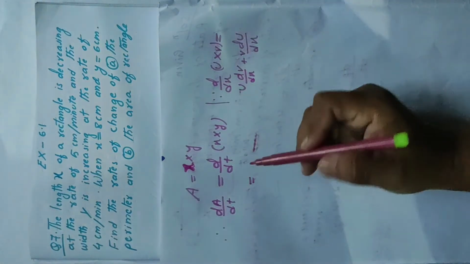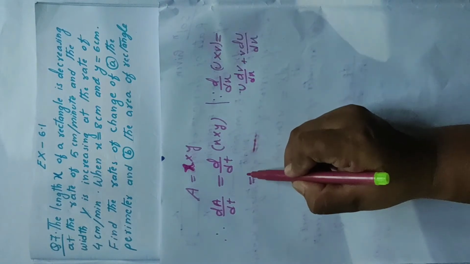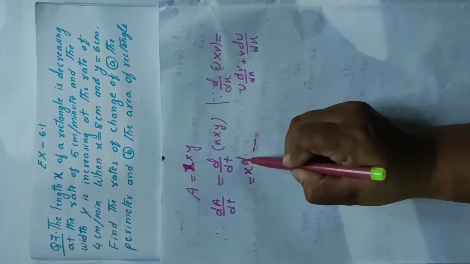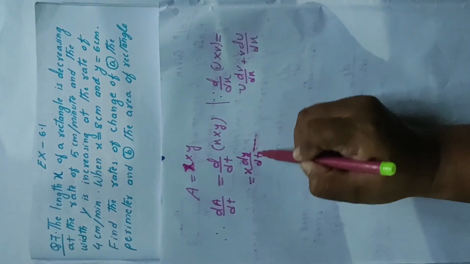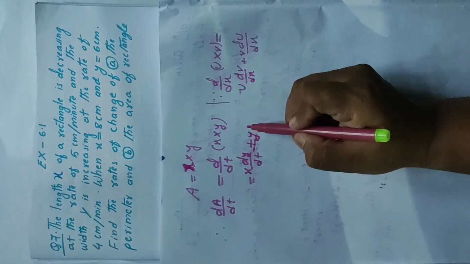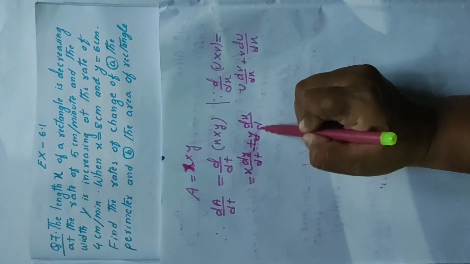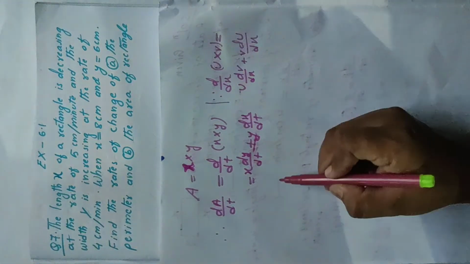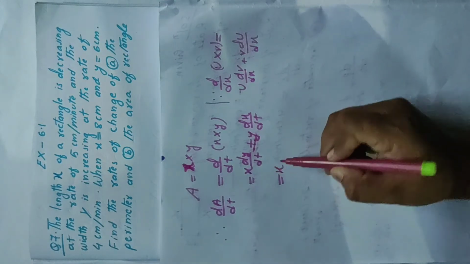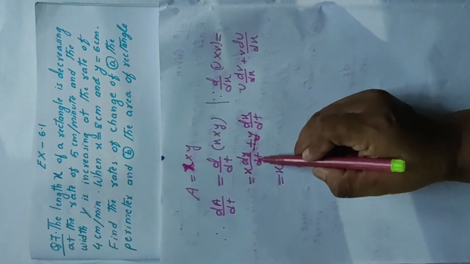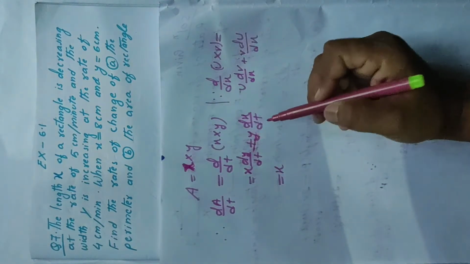Now here our u means x, y means v. Now it will be x dy/dt plus y dx/dt, right? Now what is dy/dt and dx/dt?